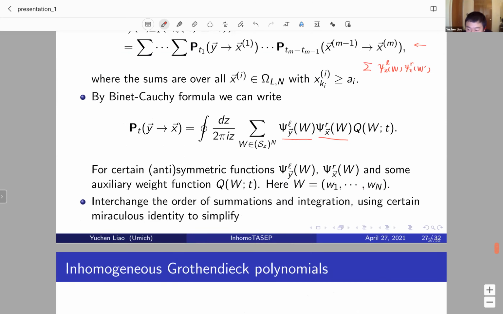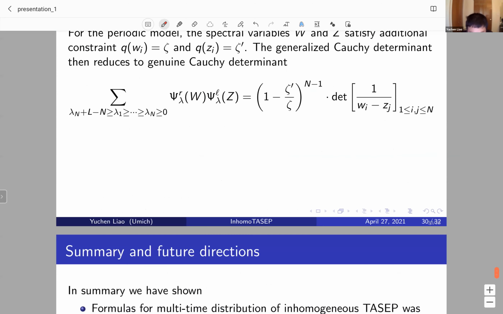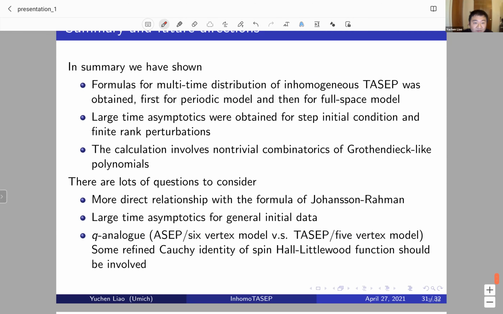I guess that's all the technical things I want to say. And to conclude, maybe in summary, what we have shown is a formula for the multi-time distribution of inhomogeneous TASEP depending on two sets of parameters, first for periodic models and then for the full space model.